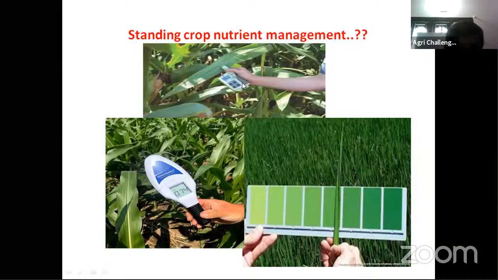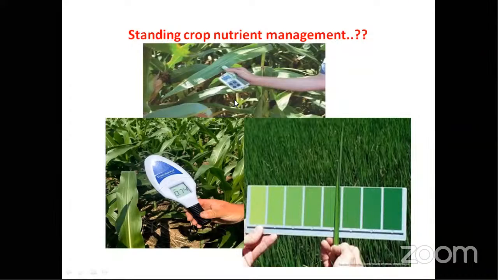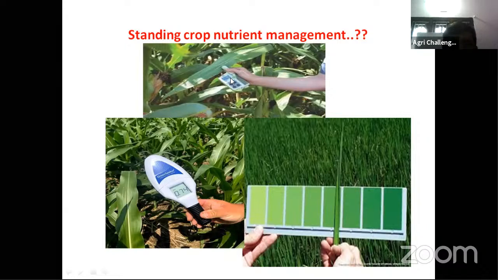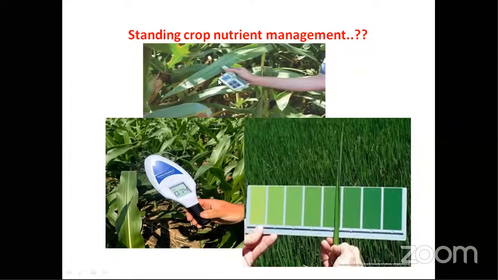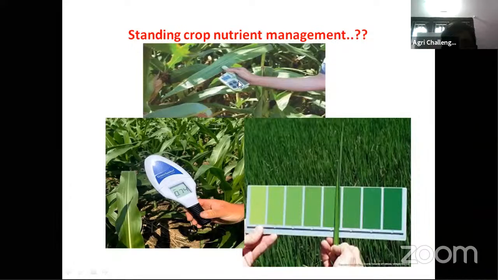What do we use this for? What is the principle here? Chlorophyll content. With this, if you punch on the leaf, it tells how much chlorophyll is there on that particular leaf. Chlorophyll and nitrogen levels have a relation.